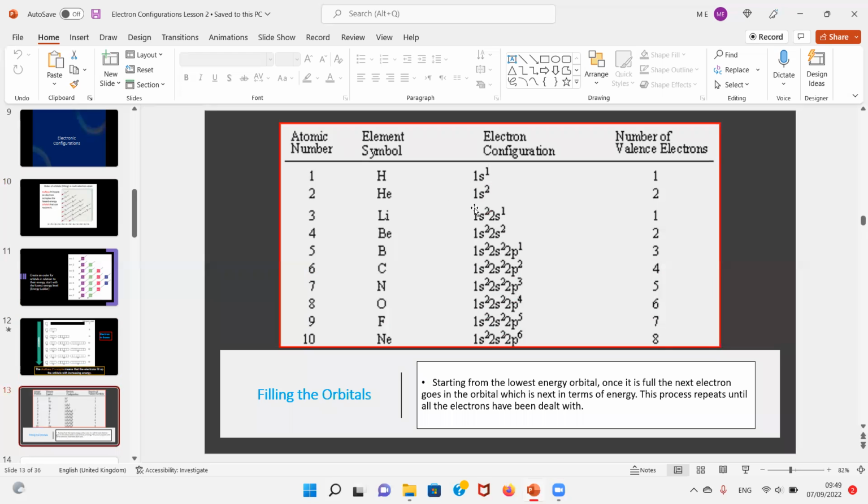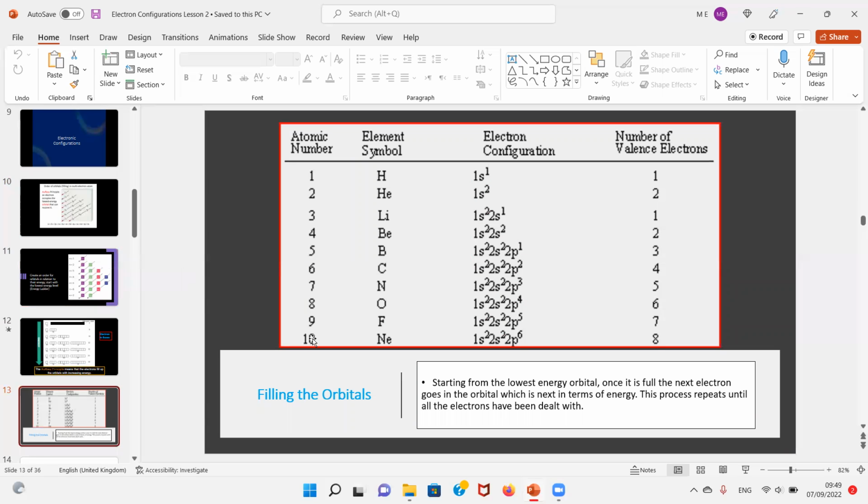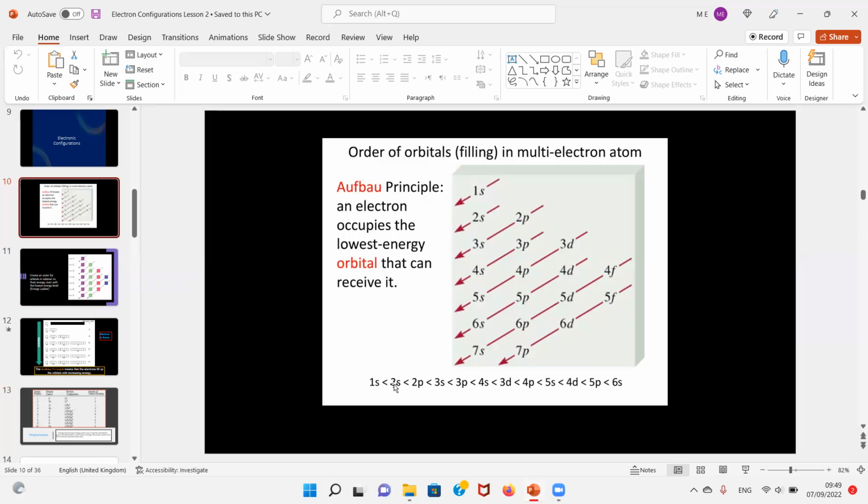And then beryllium has 4 electrons. So 2 will go to the 1s, and 2 will go to the 2s. So 1s2, 2s2. And then if we go to neon, neon has 10 electrons. So 2 electrons will go in here, 2 electrons will go in here, and 6 electrons will go in here. So 2 and 2 is 4, plus 6, that's 10.